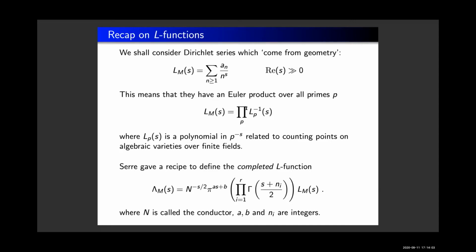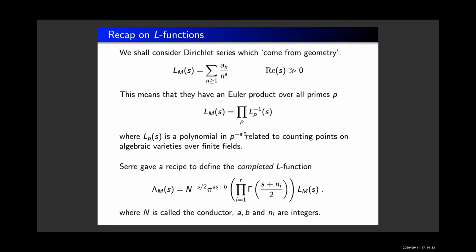But the ones that come from geometry are Dirichlet series, so sum a_n over n to the s, with the property that they have an Euler product, a factorization over all primes, where each factor is the inverse of essentially a polynomial in p to the minus s. And that polynomial is related to geometry in the sense that it very approximately relates to counting points on algebraic varieties over finite fields.